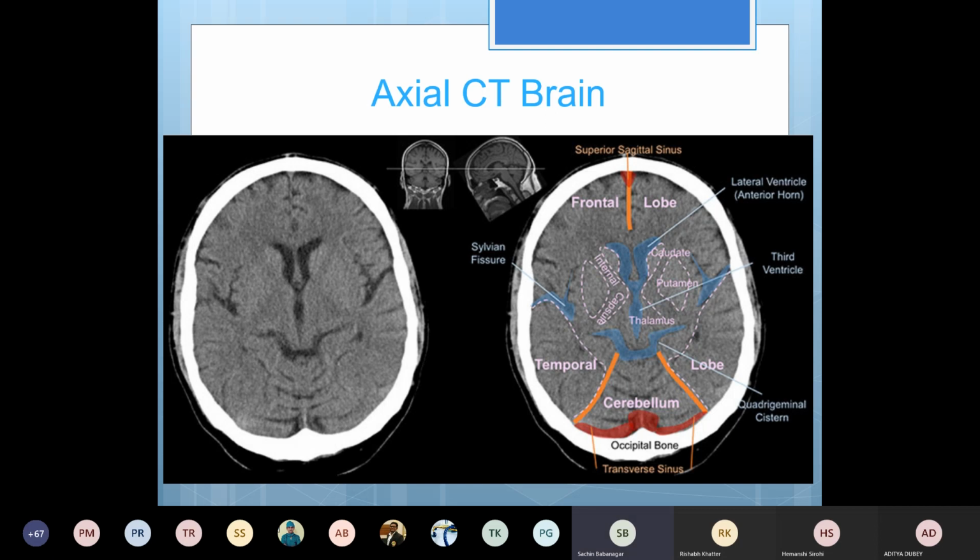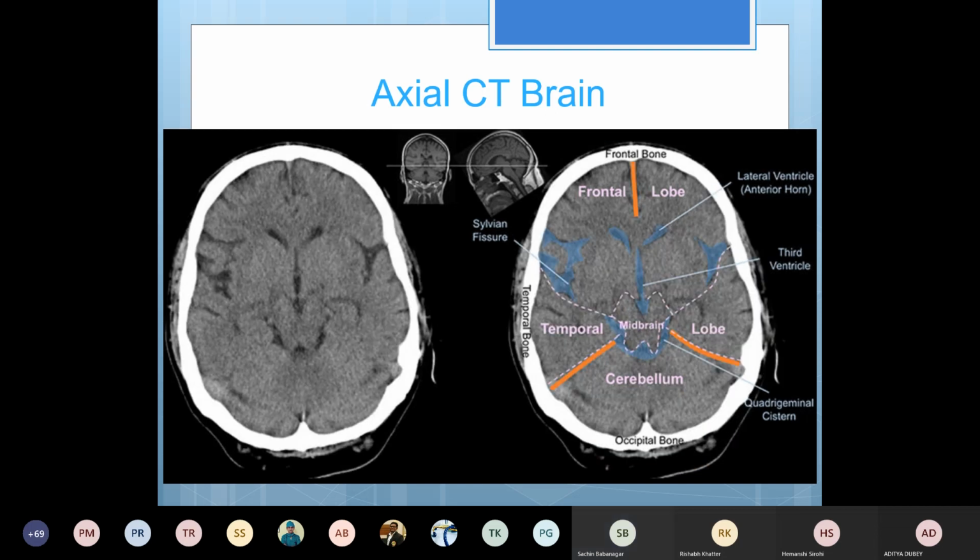And here you can see the thalamus, right side, left side, and a part of the midbrain starts to be visible. In the posterior area, this is called the cerebellum, and on either side you have the temporal lobes. We've started seeing the Sylvian fissure separating the frontal lobe and the temporal lobe more clearly over here.